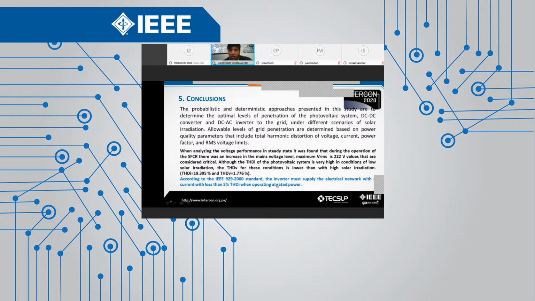Although the current harmonics of the photovoltaic system are very high in conditions of low solar irradiation, the voltage harmonics for this condition are lower than with high solar irradiation. This results in currents of approximately 19 percent, and voltage of 1 to 2%.